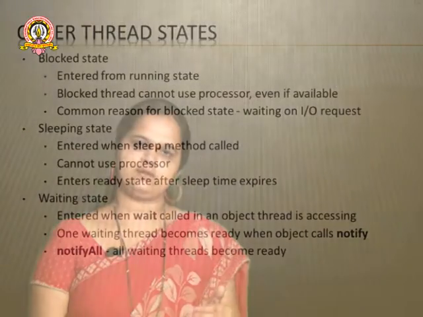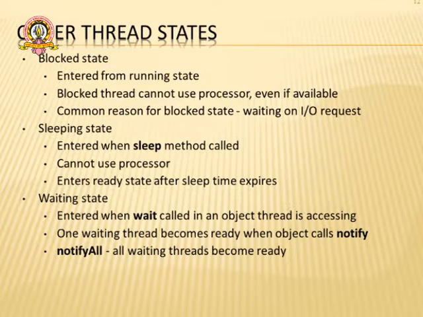Then we will speak about some other states other than running, executing and dead, that is the blocked state. This is very important. The thread enters into the blocked state when something wrong happens, like the thread is made to wait for something, or the thread doesn't have any resources so that it can execute.